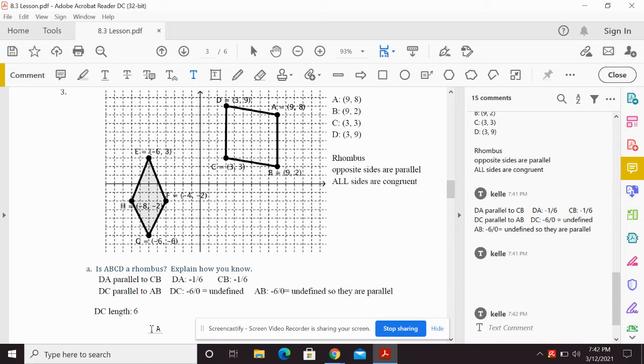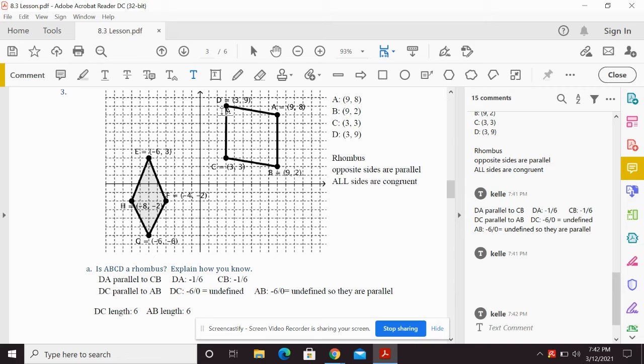What about AB? Once again, you could just count it: 1, 2, 3, 4, 5, 6. Or my x values are the same, so I'm just looking at my y's, going from 8 to 2, which is also 6. So those check out, but they all need to be the same.